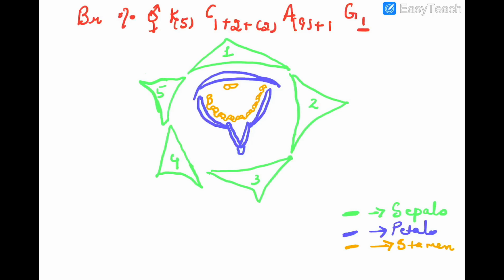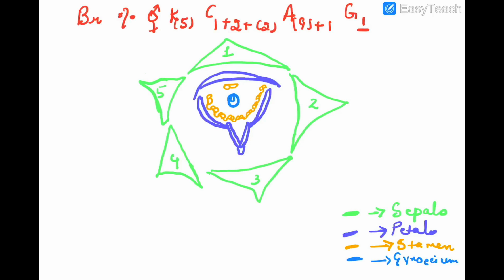Now gynoecium is monocarpellary gynoecium. So it would be represented like this. This is the monocarpellary gynoecium. So this is the gynoecium. So this is the floral diagram of family Fabaceae.